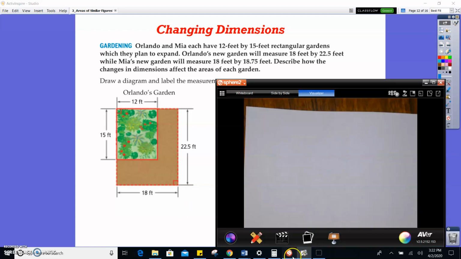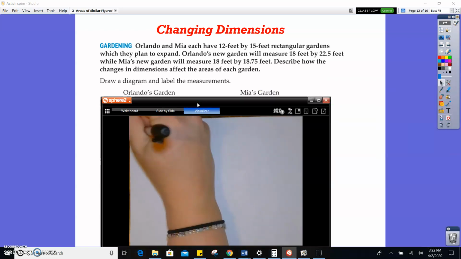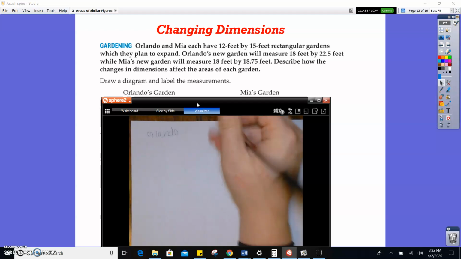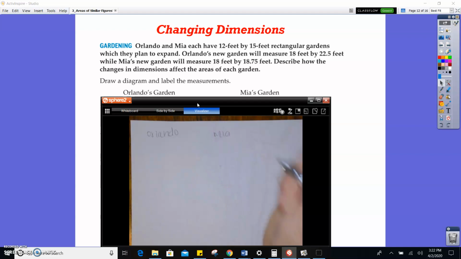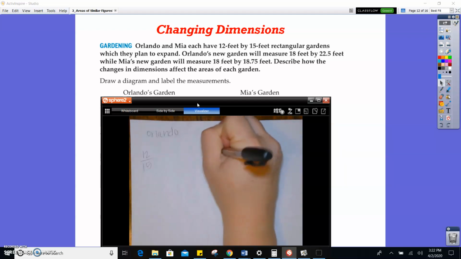I'm going to come back. First thing I want to do is, if I'm looking at Orlando's garden, both Orlando and Mia had original dimensions that had a relationship of 12/15.